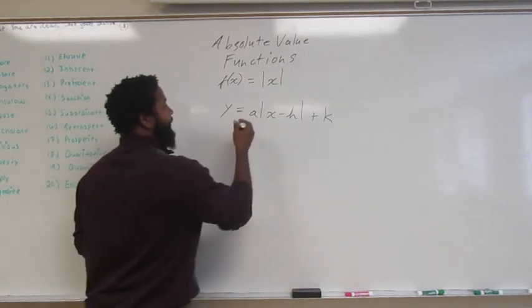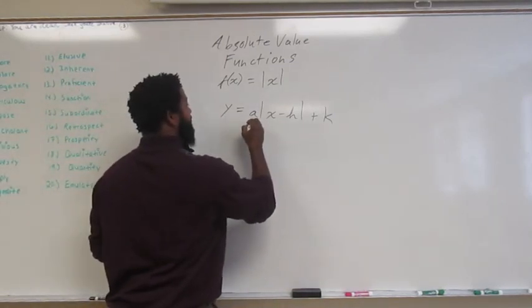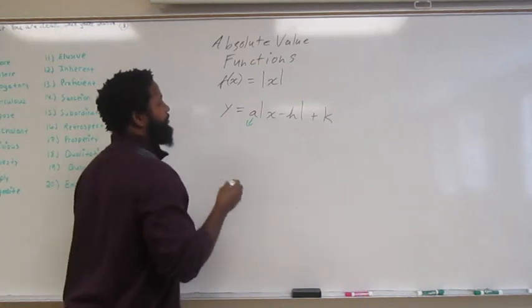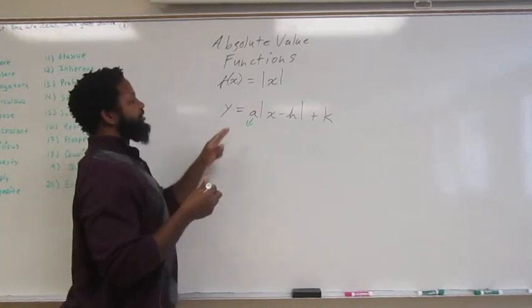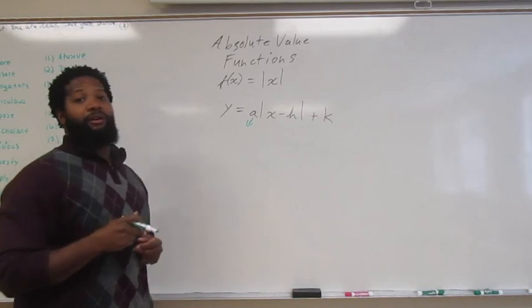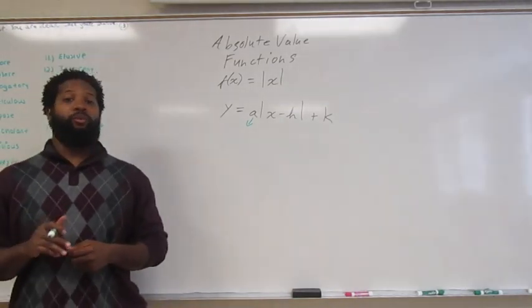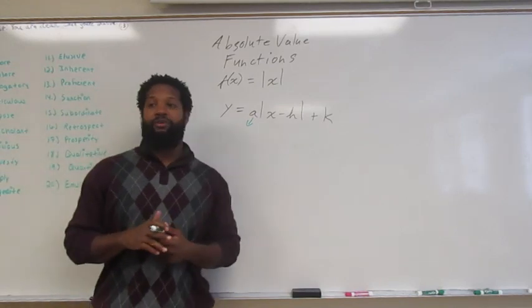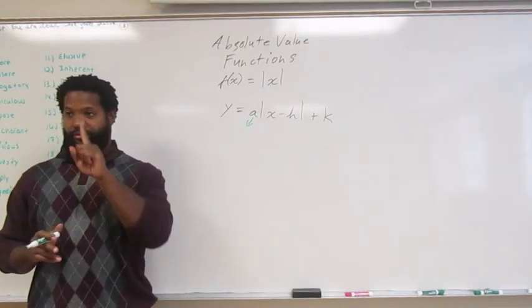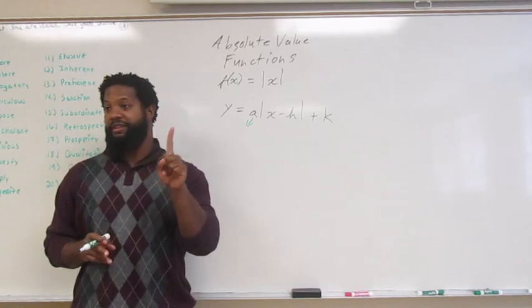The A, this part right here, is the first thing that you should be looking at. Now, on these worksheets that I printed off for you, your A's will be 1s. Each and every one of y'all's A's will be 1. The number 1. Okay? It's not going to be there.